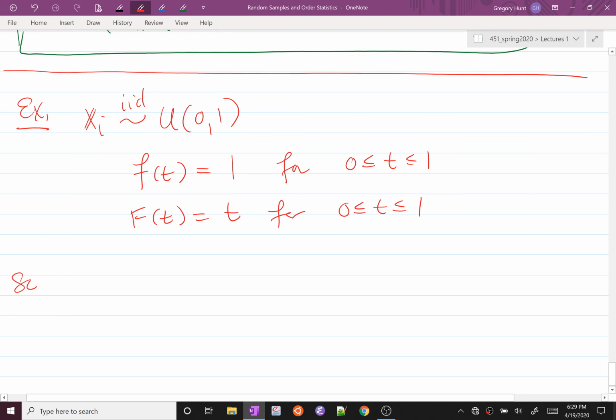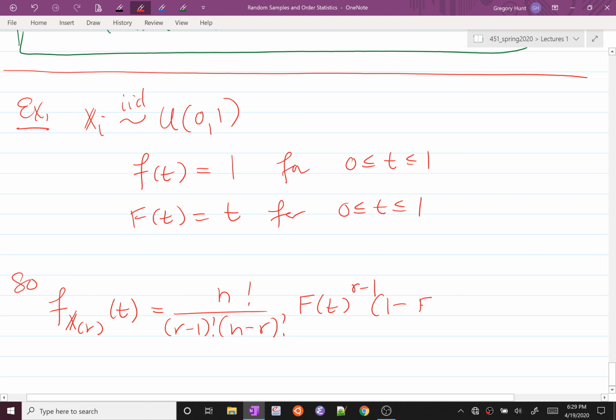So in this case, if I look at the rth order statistic, my formula says the PDF of it is n factorial over r minus 1 factorial, n minus r factorial. I multiply by F of t to the r minus 1, 1 minus F of t to the n minus r, and then I multiply by the PDF.